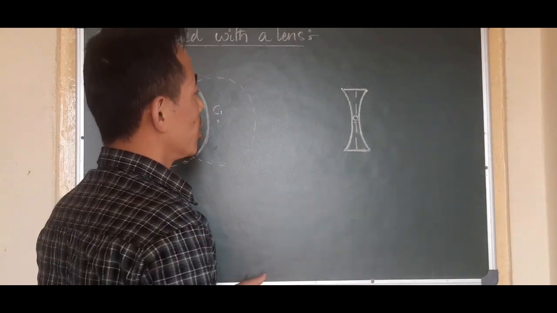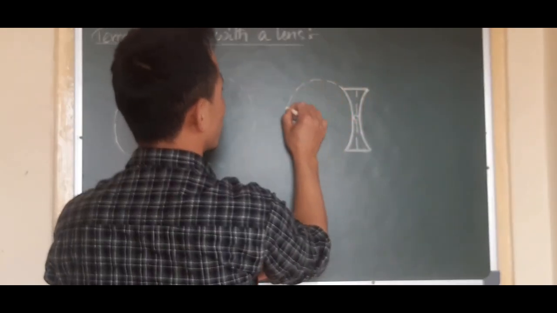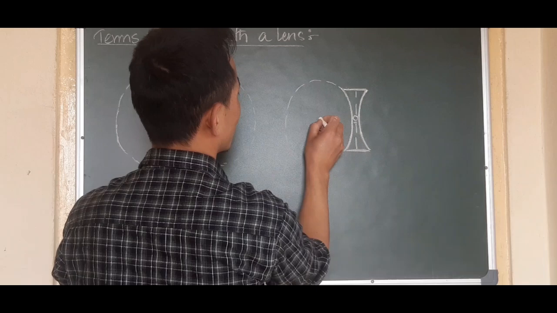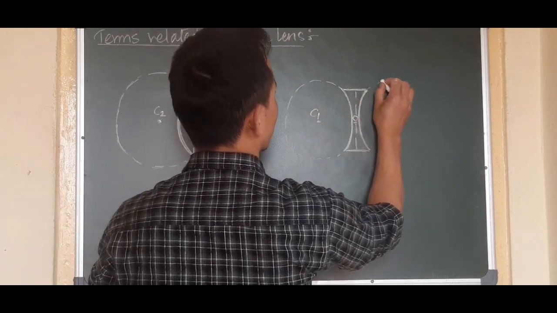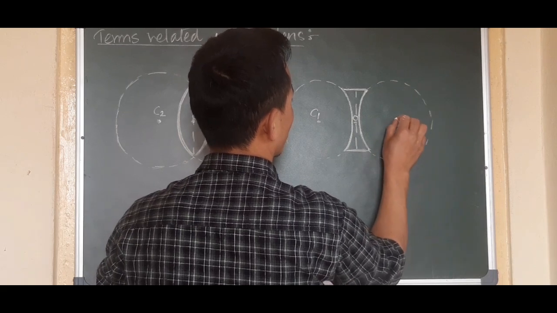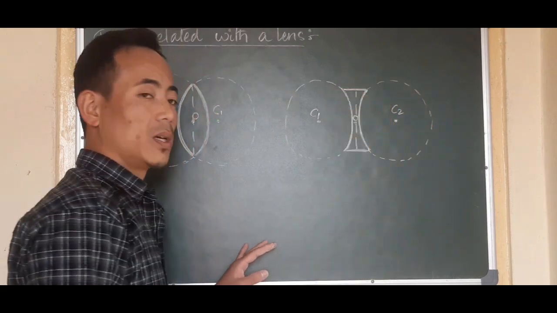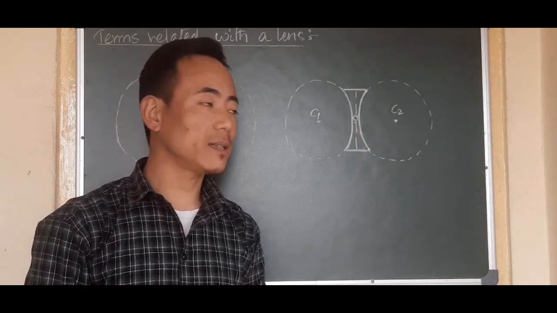Similarly, for a concave lens, if we extend this first surface, then we will get a sphere on the left hand side. So the center of this sphere will be C1, and for the second surface, the sphere will be formed on the other side, and its center will be C2. So in both the cases, we have two centers of curvature, C1 and C2. But see the difference.